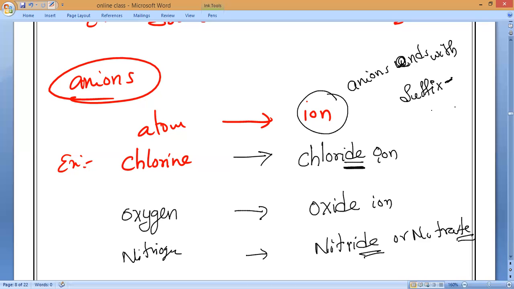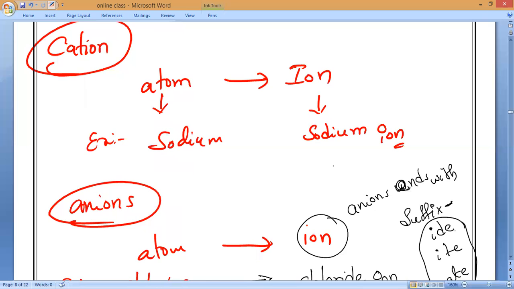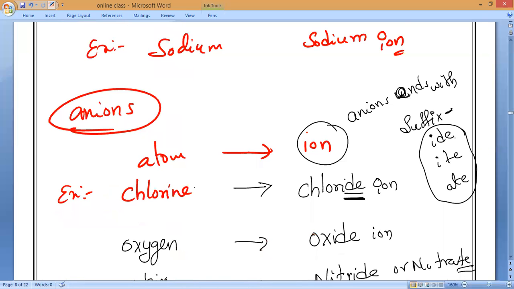Three things I will say: one is "ide", next one is "ite", next one is "ate". We will get it in the future, when we are writing chemical compound names. So always remember, cations, no change in the name. But anions, when you are writing, always end with a suffix called "ide", "ite", and "ate".